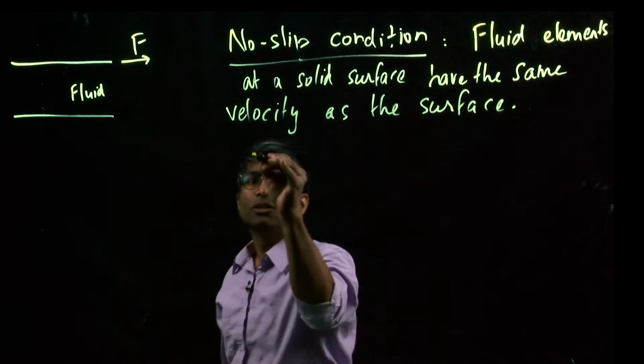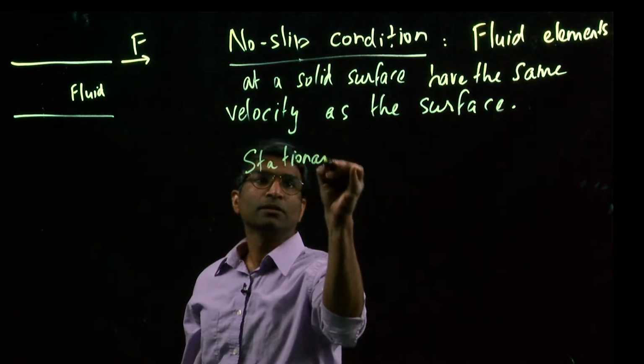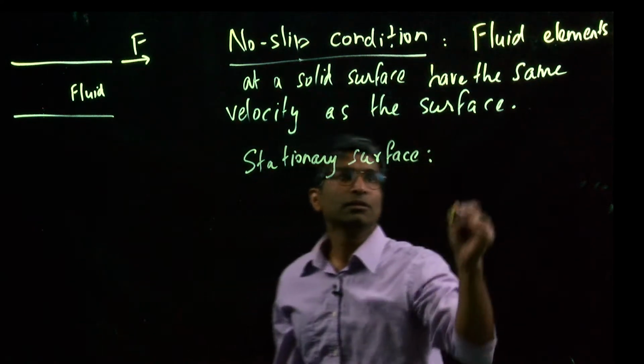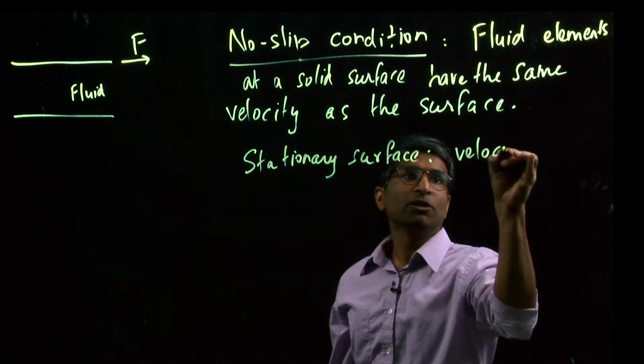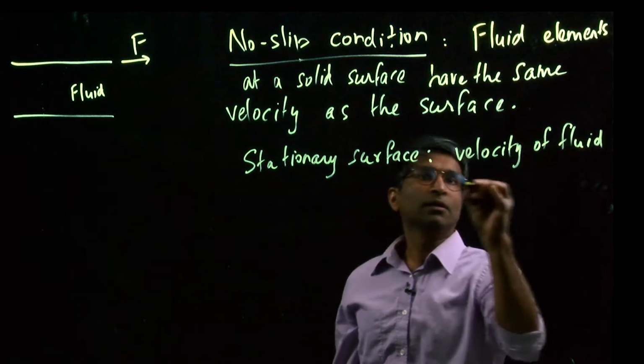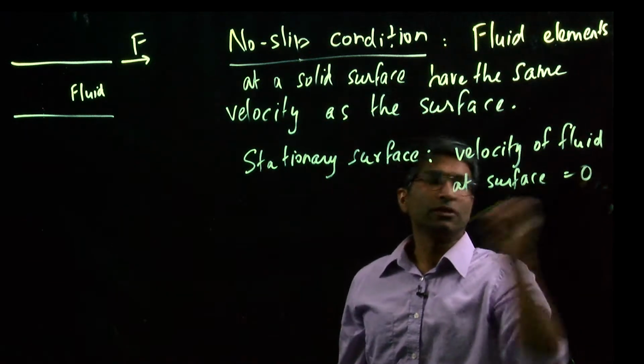So if the surface is stationary, that would mean the velocity of the fluid at the surface equals 0.